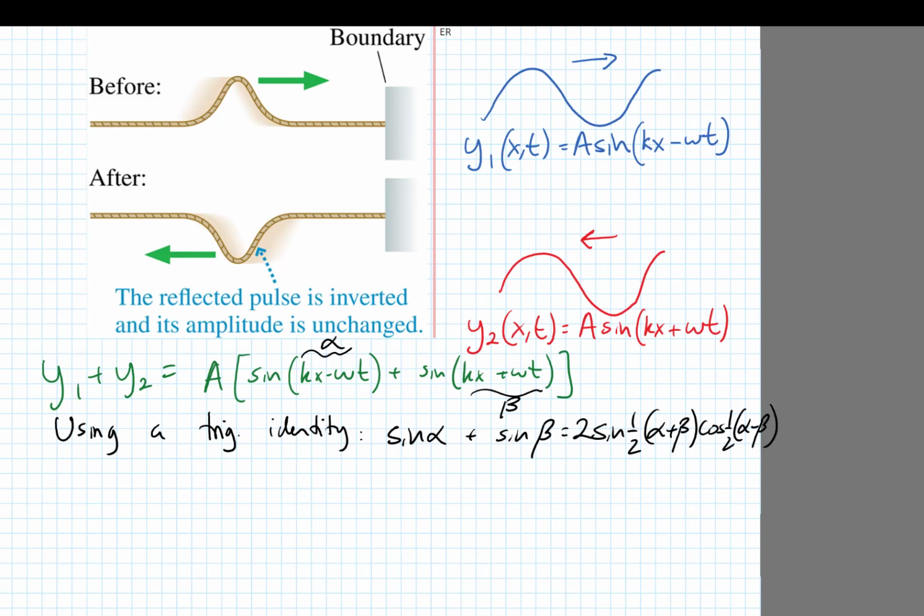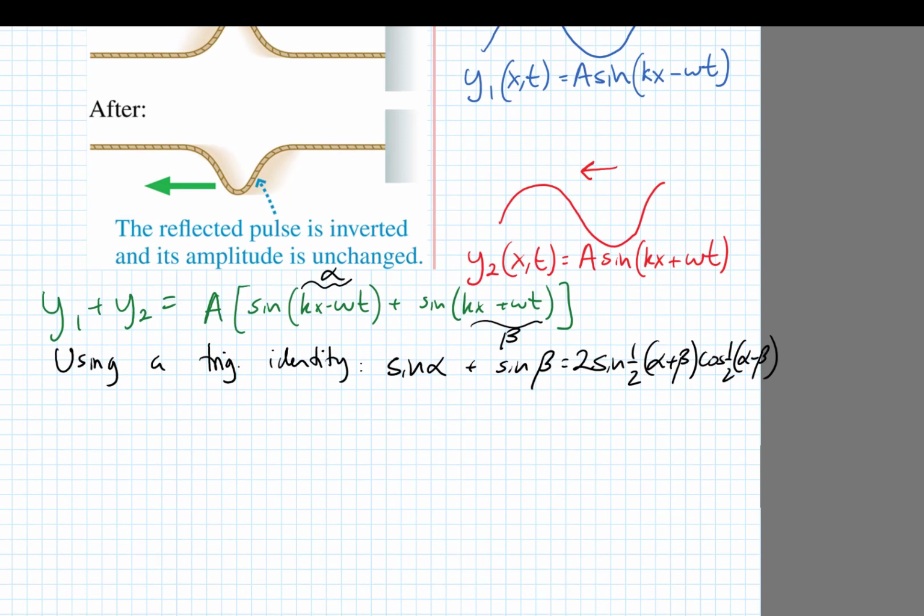And so if we apply this trig identity to this sum of y1 plus y2, we get the amplitude a times this factor of, well, bracket 2 and sine of 1/2, and then of this alpha term, kx minus omega t, plus the beta term, kx plus omega t for beta.